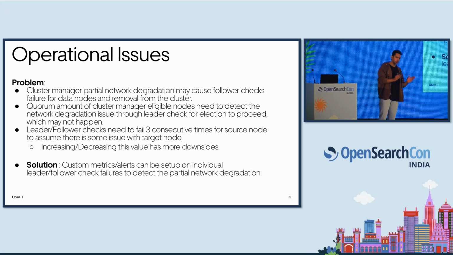In a few seconds, if the sum of your leader checker failures or your follower checker failures exceeds a certain threshold, we would trigger a workflow using the controller that would automatically either move the master to a different node, or move a primary shard to a different node, to mitigate any partial network degradations in an availability zone. This has been useful for us in a lot of past incidents without an on-call being present.